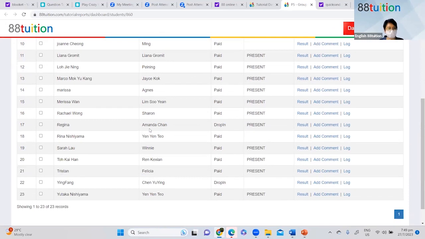This is a P5 group. If you are dropping in, sorry about that, your name should appear here, right? So if your name is not here, it means that you have not told them that you are dropping in. This is for P5. See if you're in the right group. Sometimes you're in the wrong group. Okay, thanks. Sorry about that.